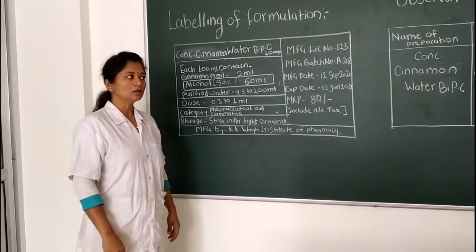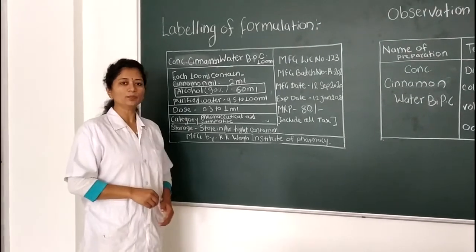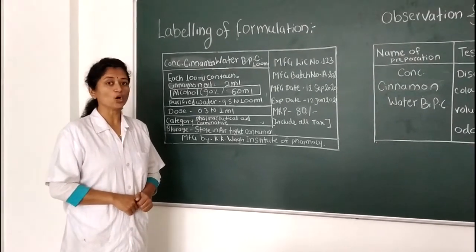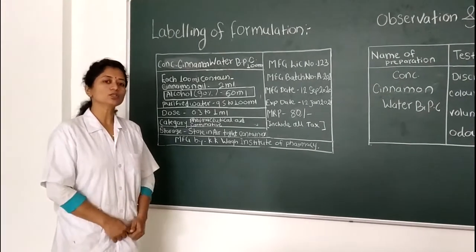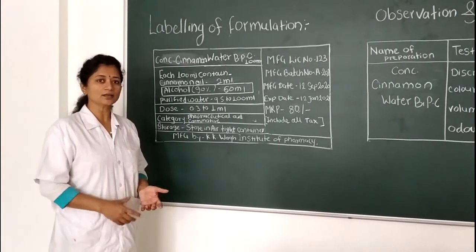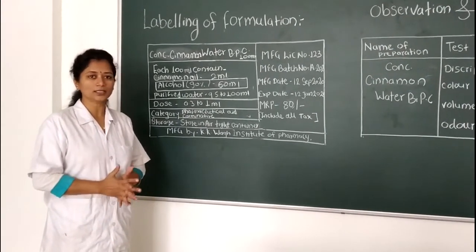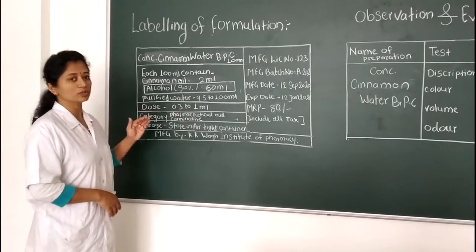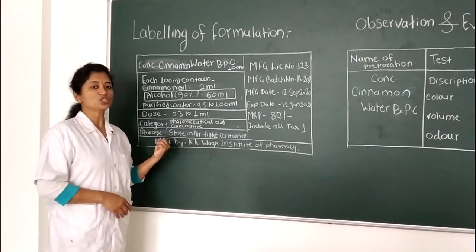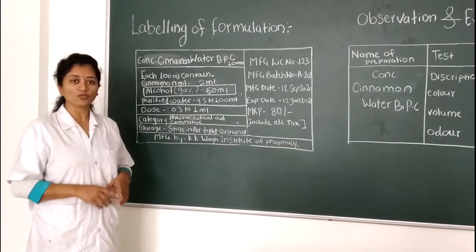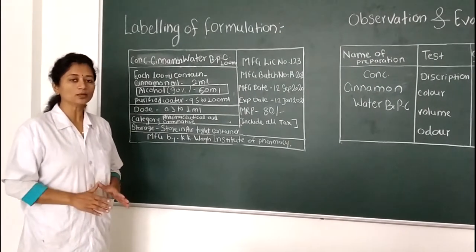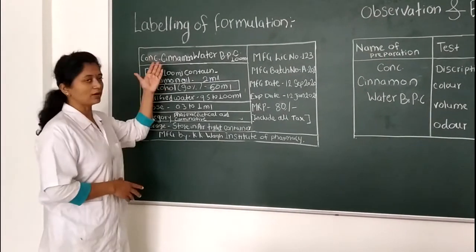Purified talc will be added in the preparation, but we do not mention it on the label, because the role of the purified talc is as an adsorbent. It adsorbs the terpenes. That's why we mention the purified talc in the formulation table, but we do not mention it on the final labeling.